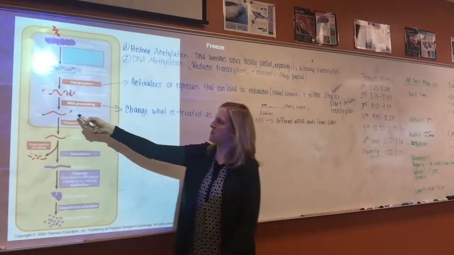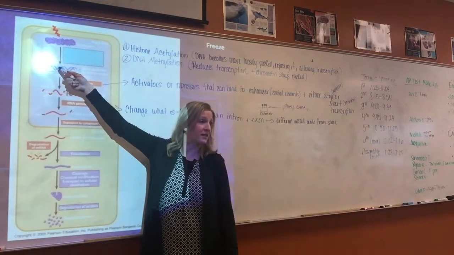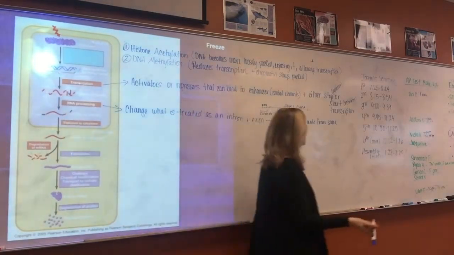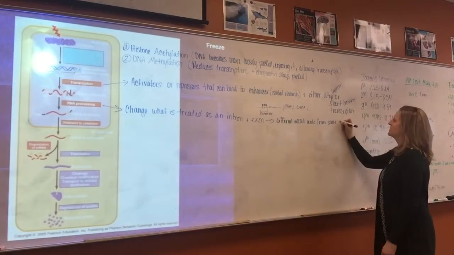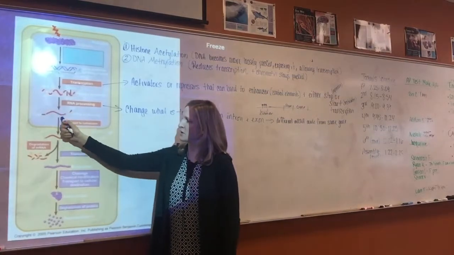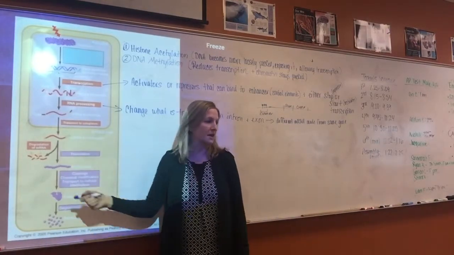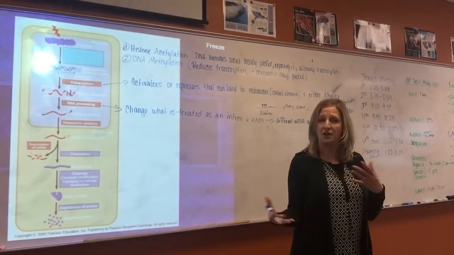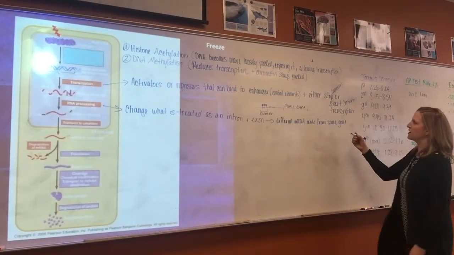So you can get different mRNAs made from the same gene, right? You have one gene, one DNA, but you can get different mRNAs. And if you get different mRNAs, they leave the nucleus and can be used to make a protein. So you can ultimately end up with different proteins made, and therefore different gene expression.